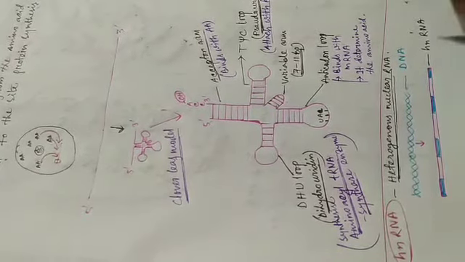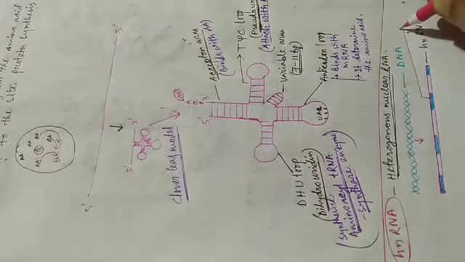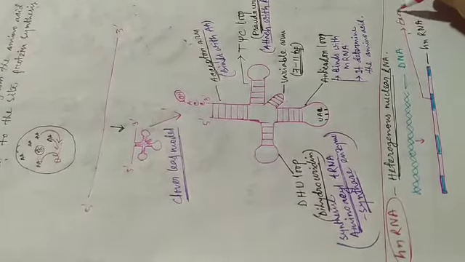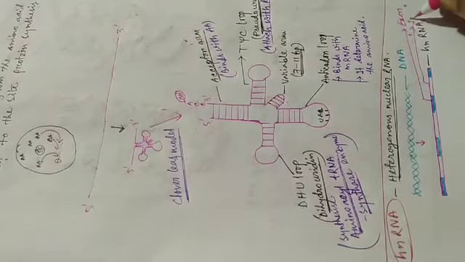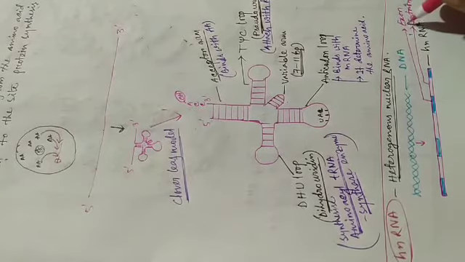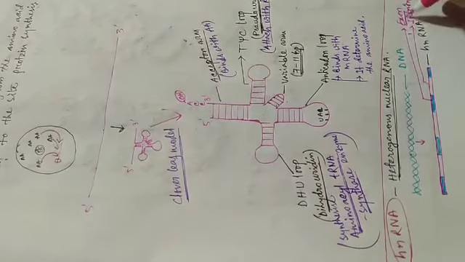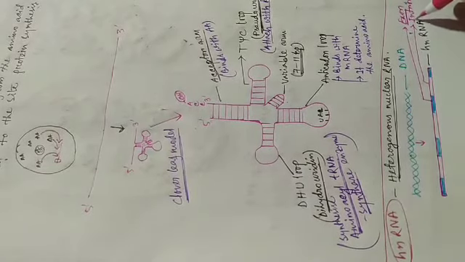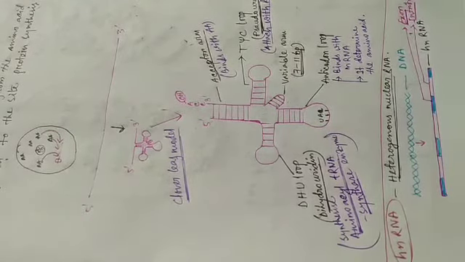So the sky-colored part is exon and this part is intron. Exon is the functional part of the RNA and intron is the inactive part. Exon is the active part of the RNA and intron is the inactive part of the RNA.